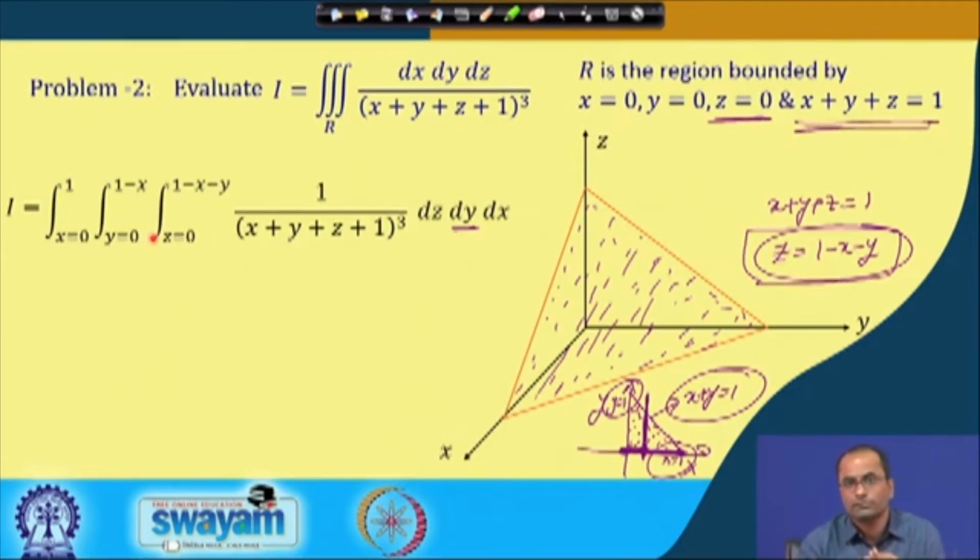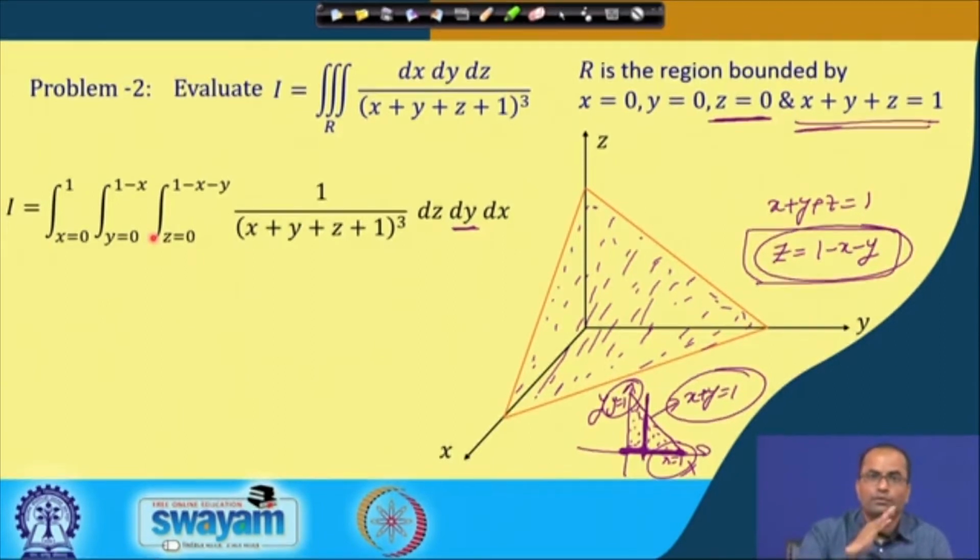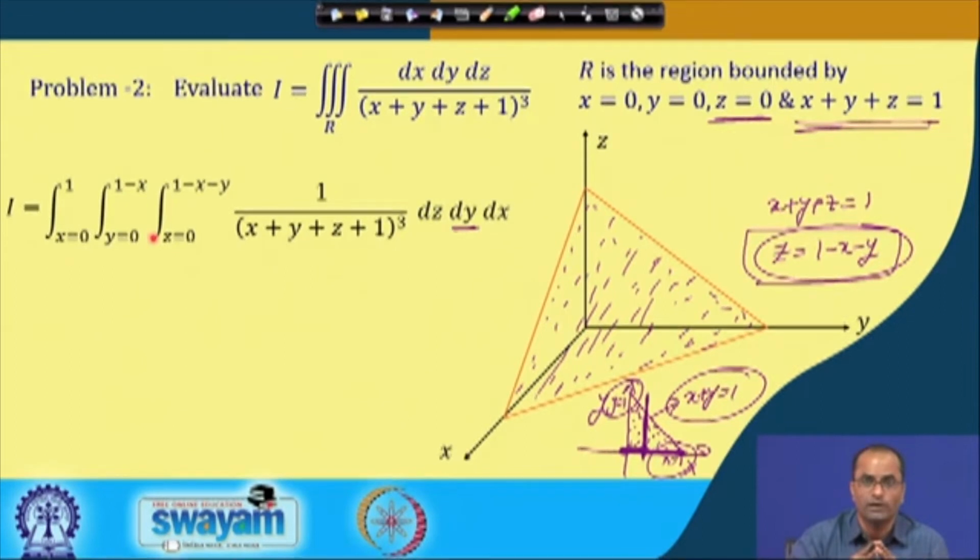So it is entering this volume from z equal to 0, and the exit along the z axis was the plane x plus y plus z is equal to 1, or z is equal to 1 minus x minus y. So fixing the limits of z was trivial in this particular case: z goes from 0 and leaves at z equal to 1 minus x minus y.